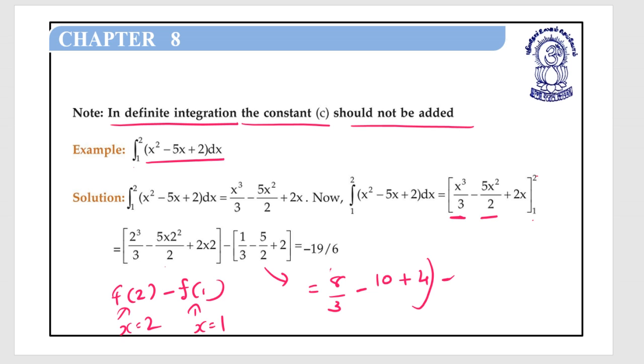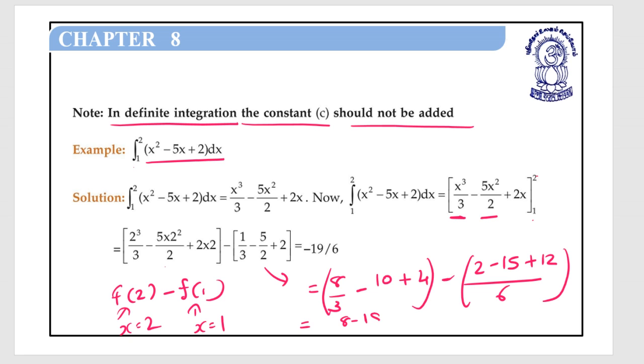minus, 2 1s are 2, 5 3s are 15, 3 2s are 6, 2s are 12 by 3 2s are 6. So here 8 by 3 minus 6.